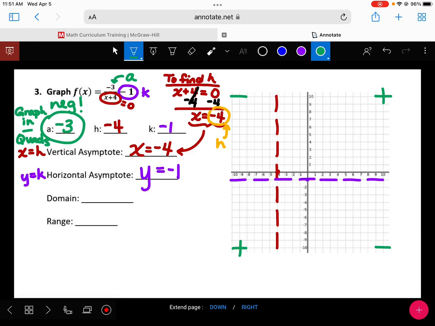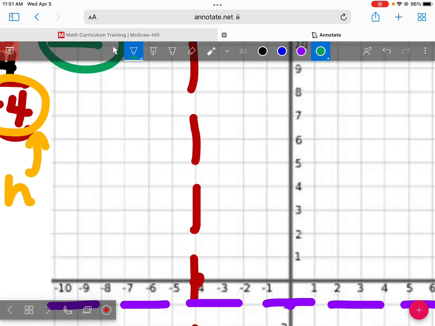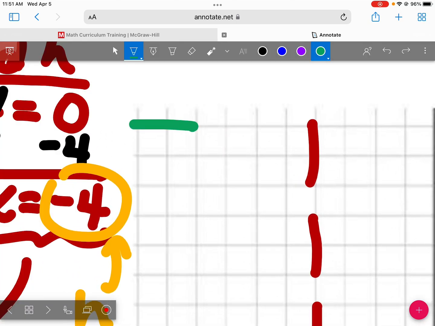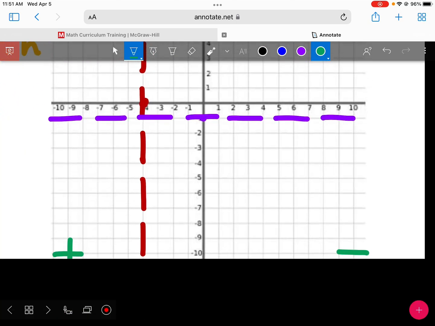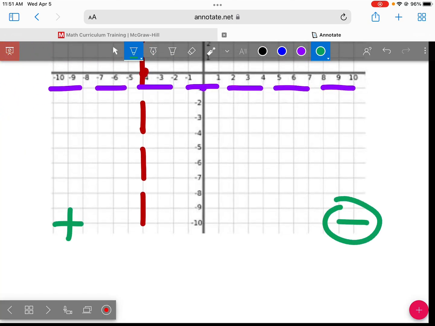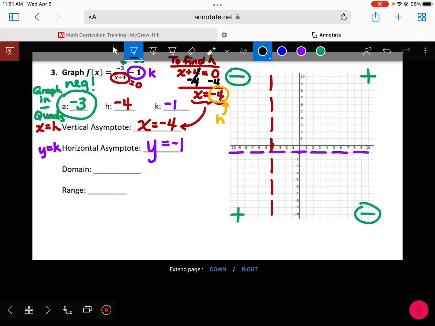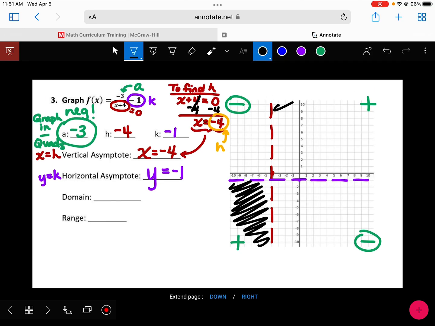So I'm going to circle the negatives. It's always coming from my A value which quadrants I'm in. So if I'm in the negative quadrants, which ones do I scribble out? Positives. No points are allowed to go there.